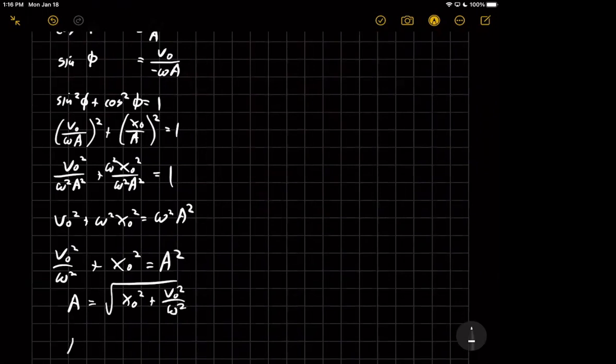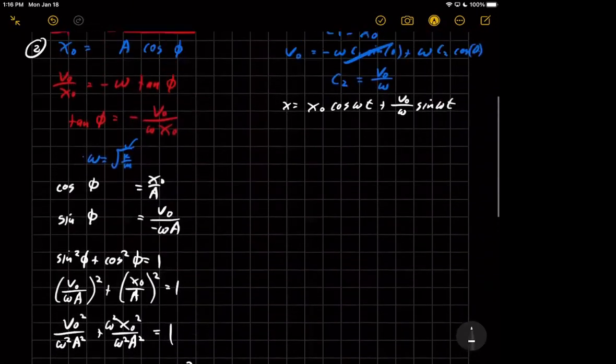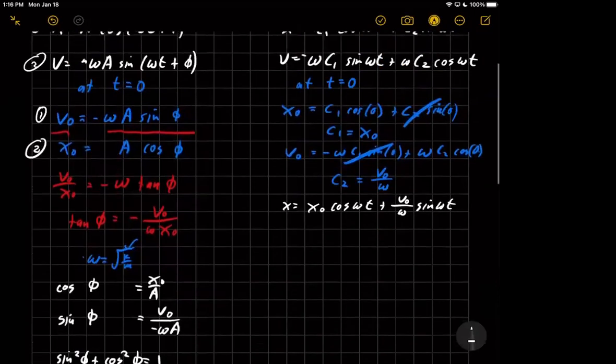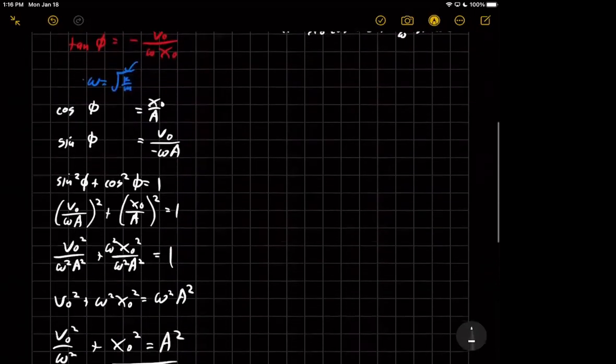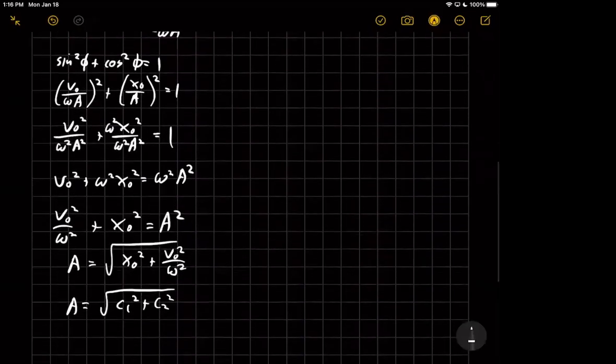But that is the same thing as saying A is the square root of C1 squared plus C2 squared, which relates it to what we had on the other side. So I can relate the amplitude back to the constants C1 and C2, or I could relate the amplitude directly to X naught, V naught, and omega, where omega would be found using the square root of K over M.